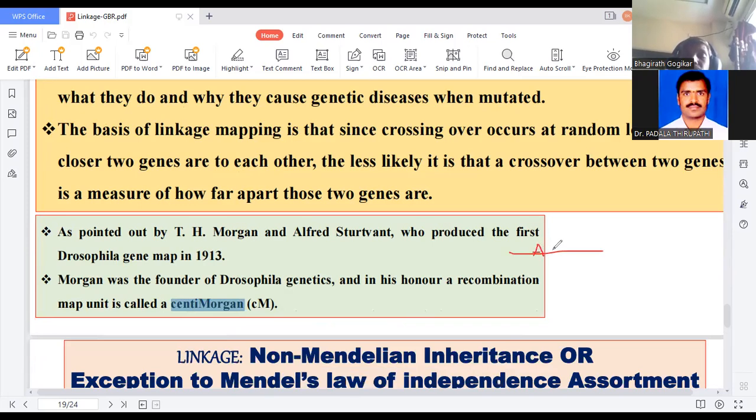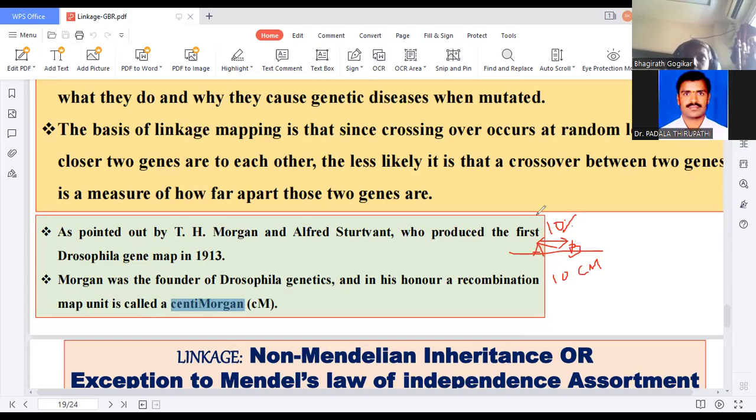For example, if the crossing over percentage between A and B is 10%, this 10% is nothing but 10 centimorgan. The distance between two genes is measured in map units, generally centimorgan or morgan.